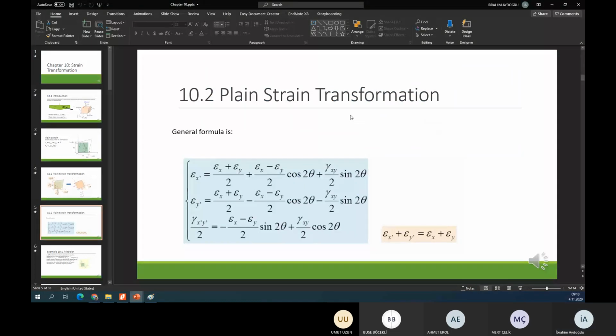Just that. Okay. Do you have any questions for this part? The formulation is the same, so everything becomes the same for strain transformation. So it's not a big deal. It's not a big deal after doing the stress transformation. Maybe it's the repeating procedure of the stress transformation, it seems to be like that.